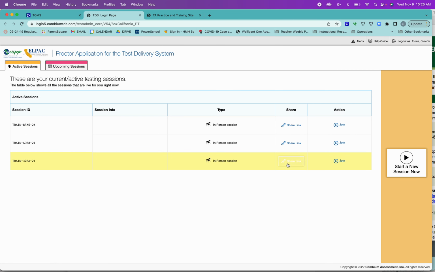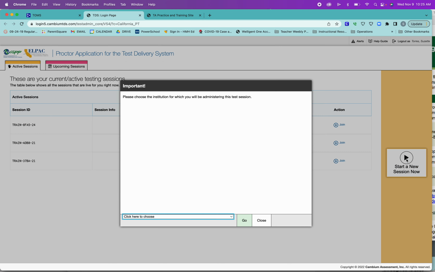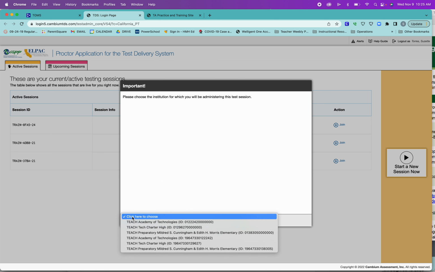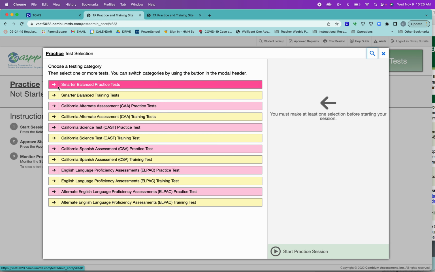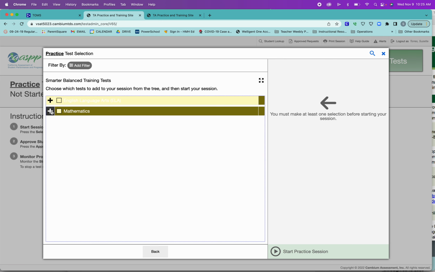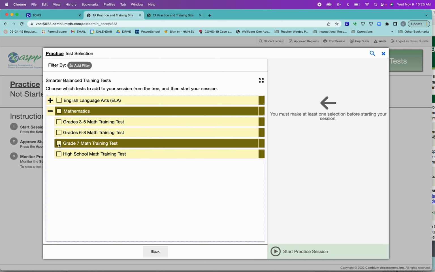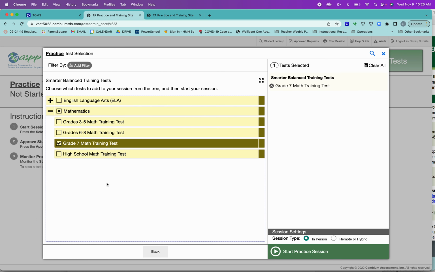If you're doing a training session, the training session allows the students to train on the platform. What does the platform look like? How do I navigate through the different features of the platform?